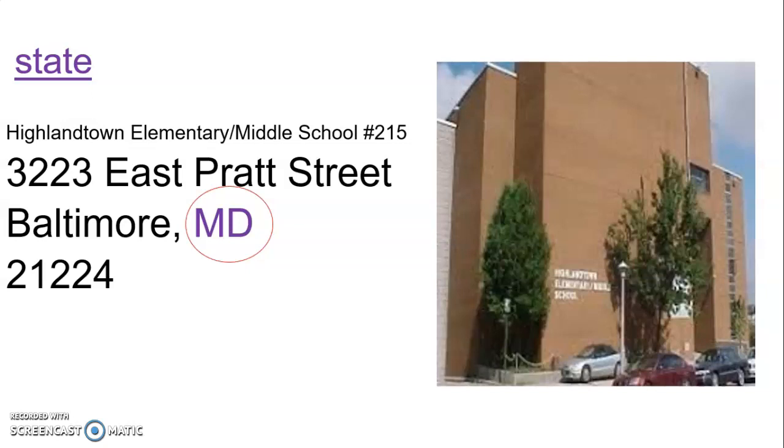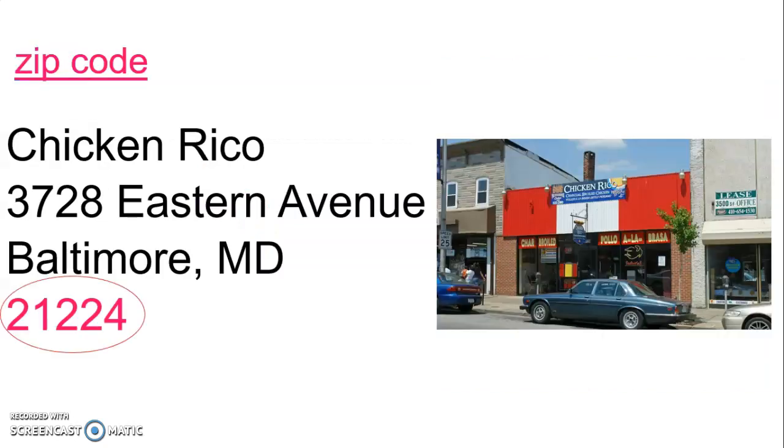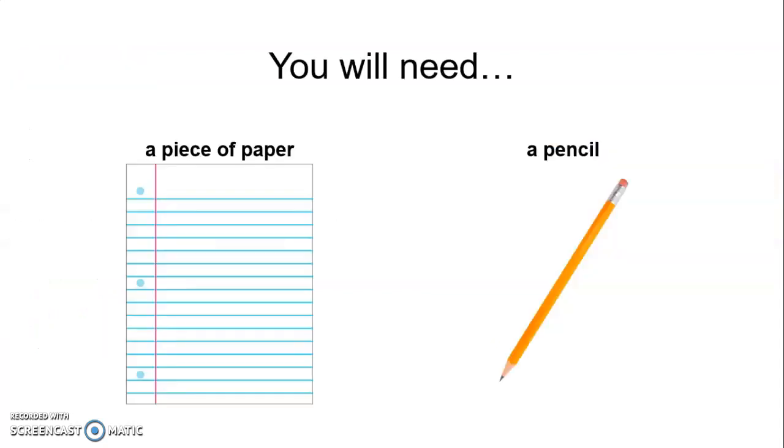For Highlandtown Elementary Middle School, number 215, porque hay dos escuelas con el mismo nombre. Nosotros estamos en 237, pero hay otra escuela con el nombre Highlandtown que está muy cerca a nosotros, and it's 215. And this is the state, MD, Maryland. And for Chicken Rico, que está muy cerca a la escuela, the zip code is 21224.